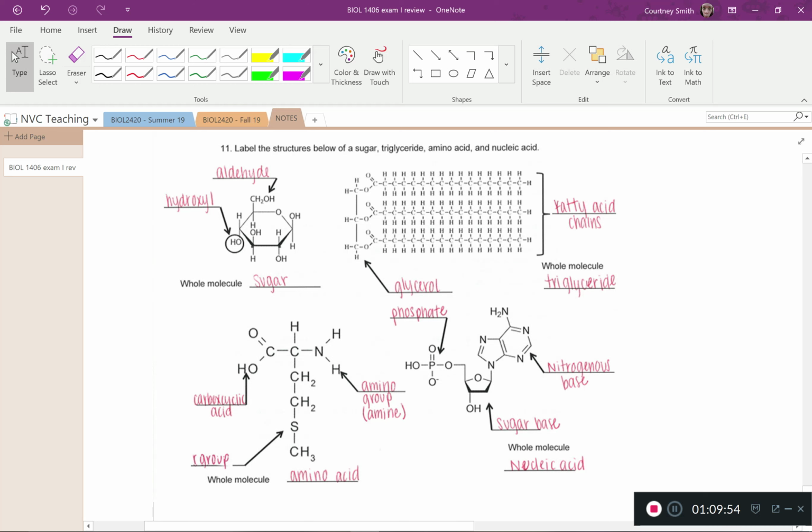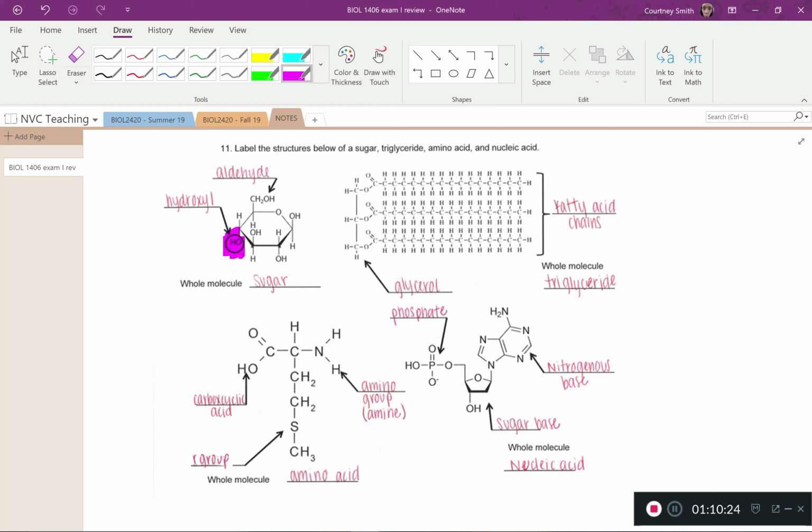If you look at the molecule as a whole, be able to identify whether it is a sugar, a fatty acid, an amino acid, or a nucleic acid. Definitely know that, guys. That's partly why I had you do the foldables. If I were to circle or color code something and ask what that functional group is, be able to say that's a hydroxyl. Be able to do that throughout the exam, okay?